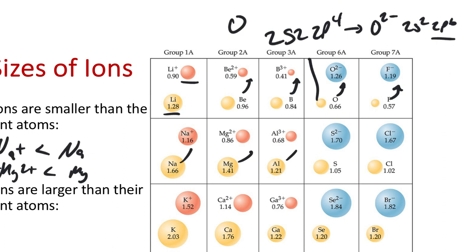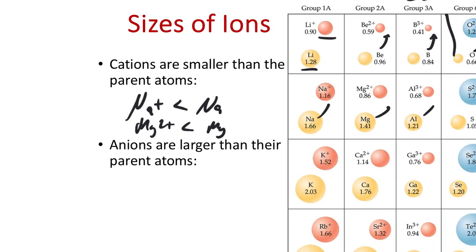And so we're adding 2 more electrons, and then those electrons cause the other electrons to be repulsed. They have repulsive forces because they have the same charge, they repel each other. And so the greatest reason we have the increase in size from O to O2 minus or F to F minus is electron repulsion. And so our anions are larger than their parent atoms due to electron repulsion.